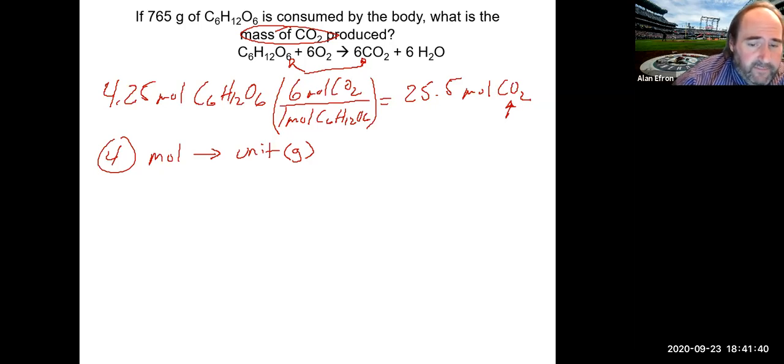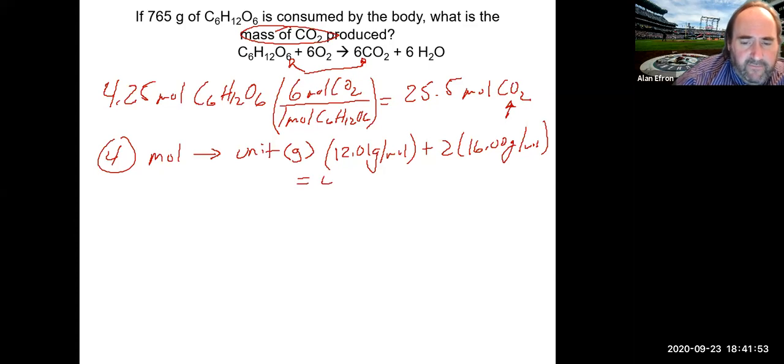That means going back to the periodic table, 12.01 for our one carbon, and 2 times 16 for our 2 oxygens. That's 44.01 grams per mole, the molar mass of CO2.